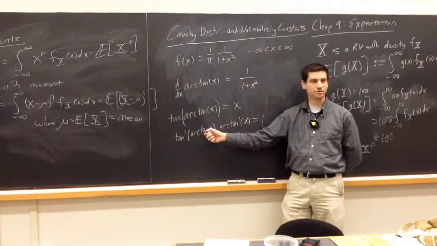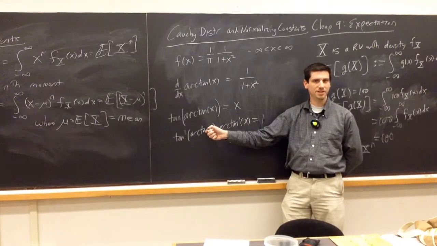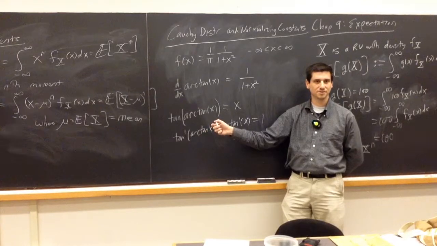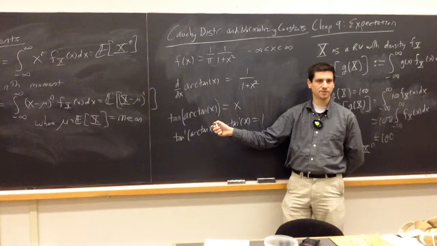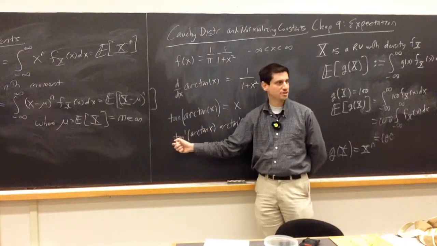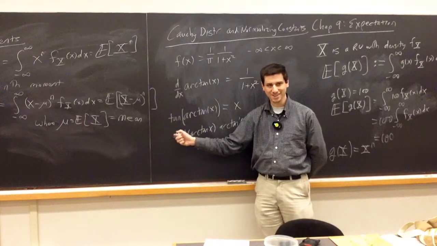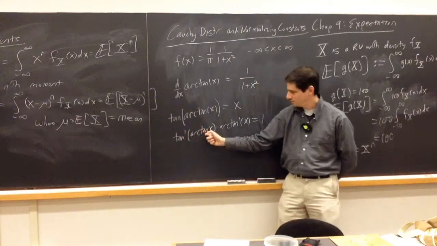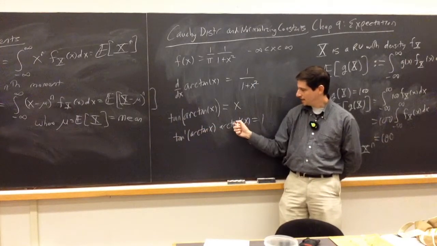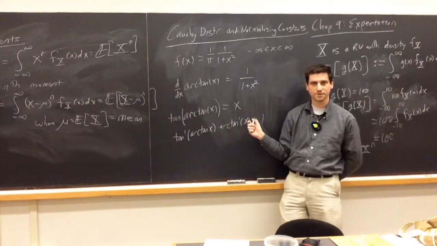Well, we know the derivative of tangent. It's secant squared or 1 over cosine squared. Okay, we know what the derivative of tangent is. If not, you can use the quotient rule. Calculate the derivative of tangent, put it in arctangent of x, and now we can solve for arctangent prime of x.